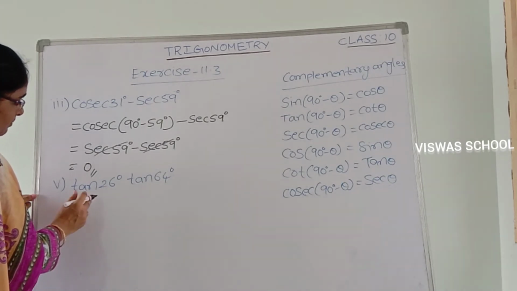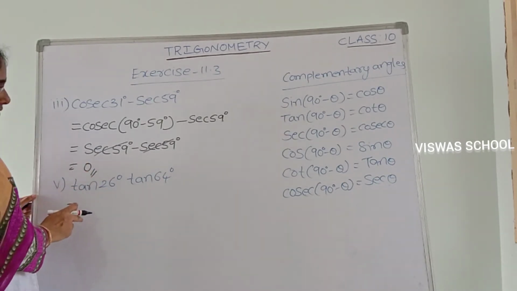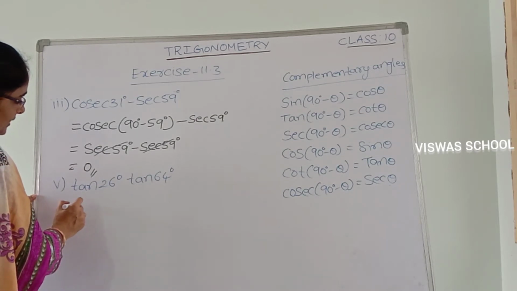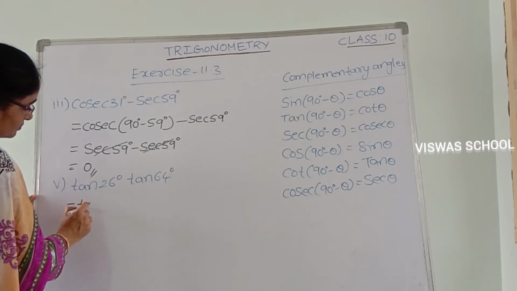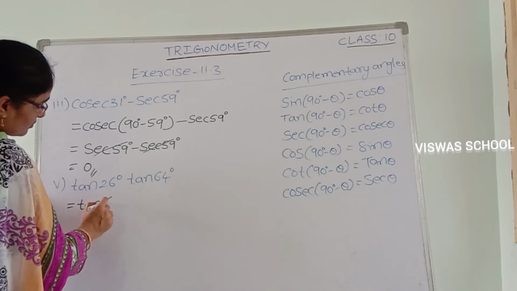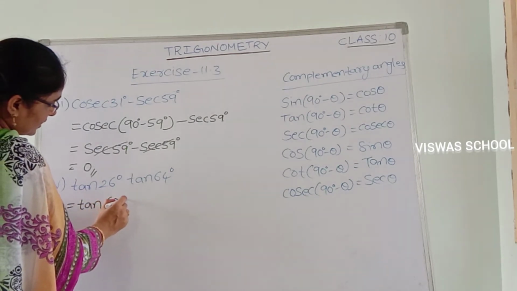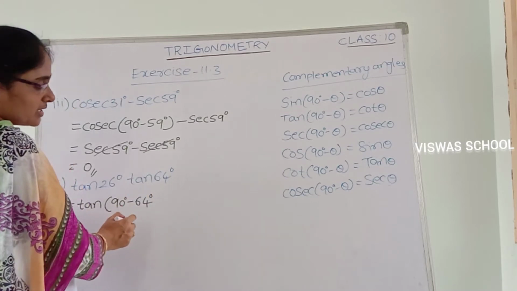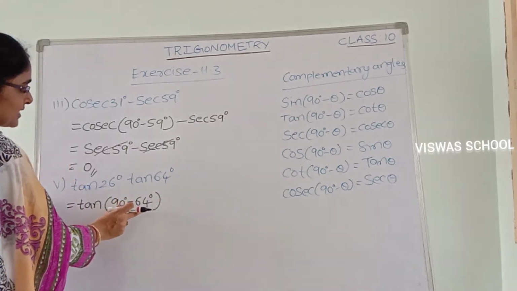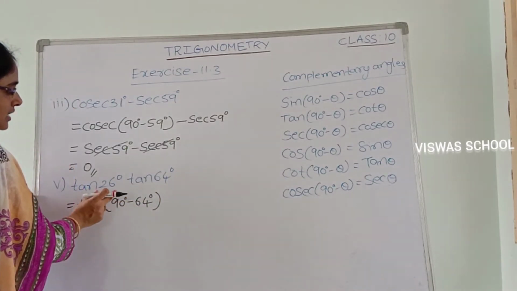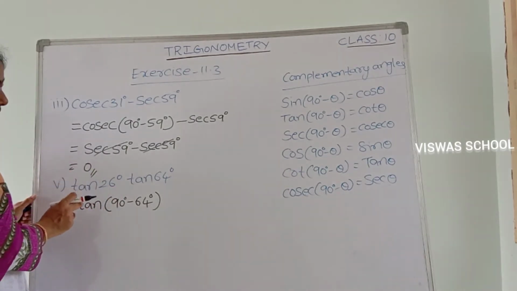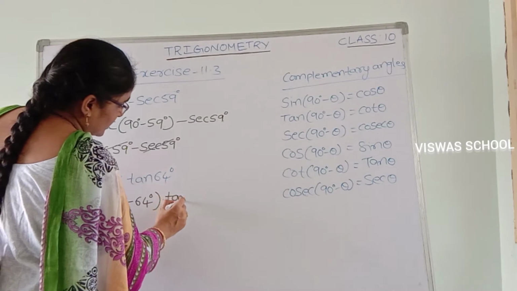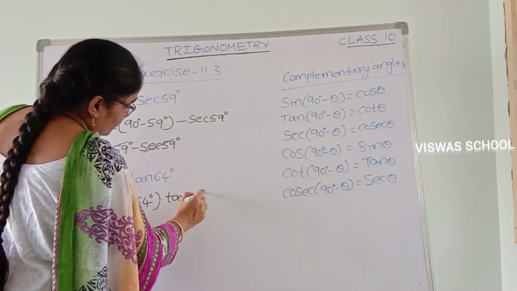How do you write tan 26 here? Tan 26 here, and tan of 90 degrees minus 64 degrees. 90 minus 64 is equal to 26 degrees. And into it is tan 64 degrees.